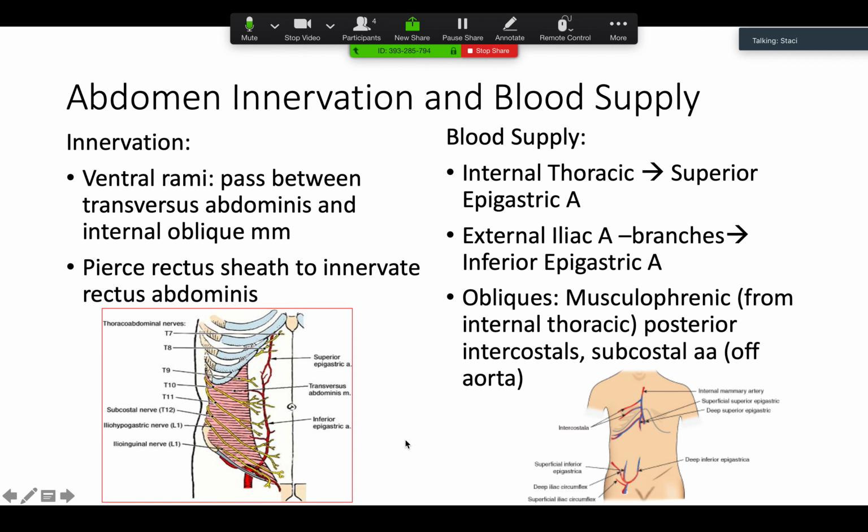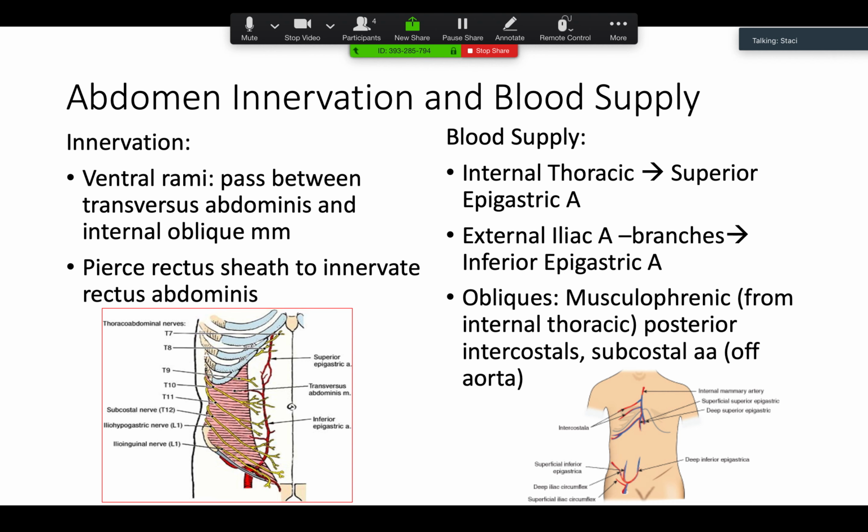The blood supply, the upper part, internal thoracic, sends off a branch called superior epigastric artery. And just to review, last week we had talked about internal thoracic gave off the first 6 intercostal arteries. And then it also gave off musculophrenic, and then the other 6 came off of that. And then we had superior epigastric.